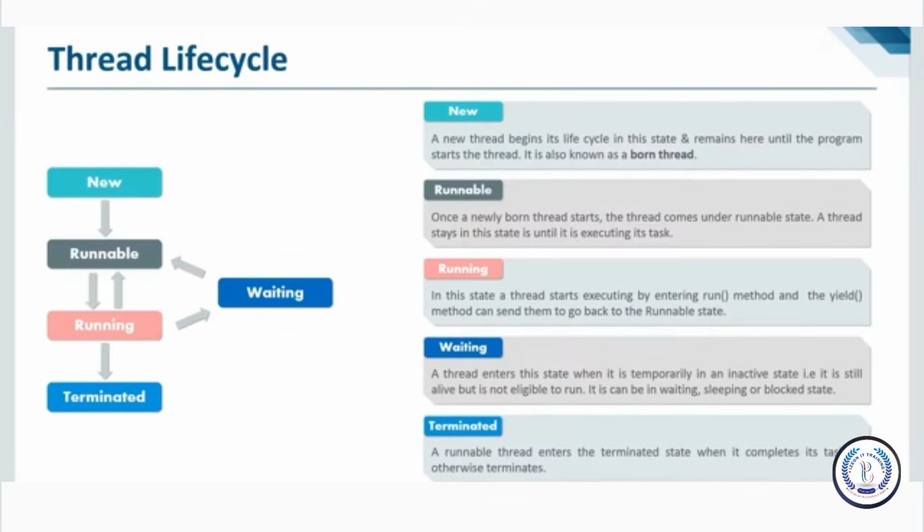In the background, we'll start fetching the bytes of the image from the server, and in the running state, your thread is continuously fetching the data. There can be a state called waiting. Let's say the network connection has been disconnected. Our thread can wait until the network connection is re-established. And terminated would be the state when the image is properly downloaded. So a couple of examples demonstrating how the life cycle of the thread is supposed to be.